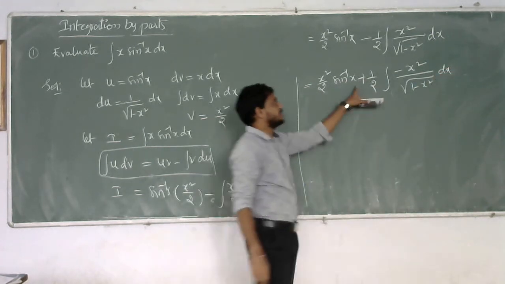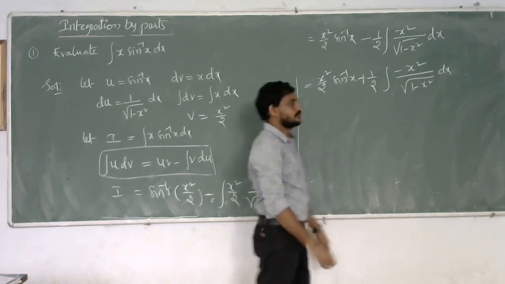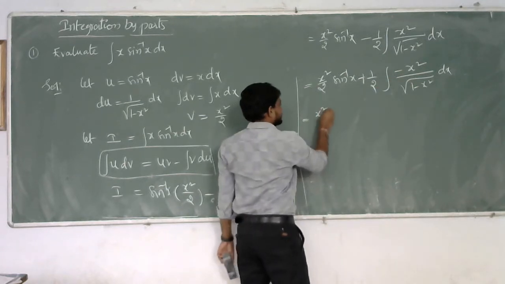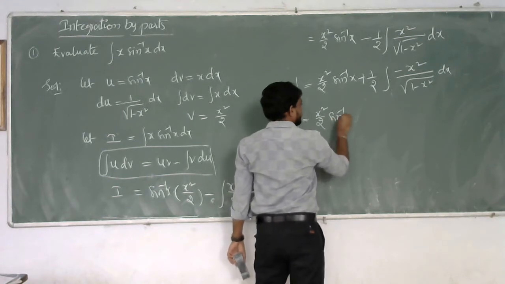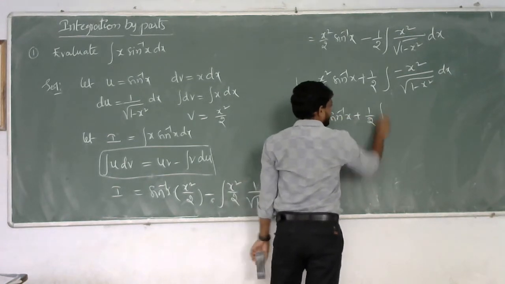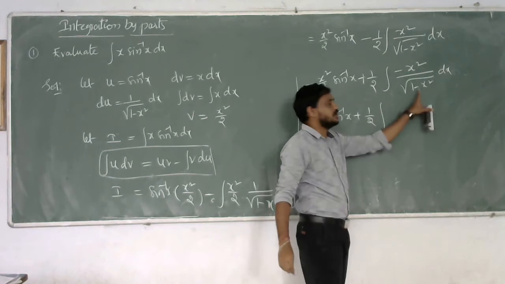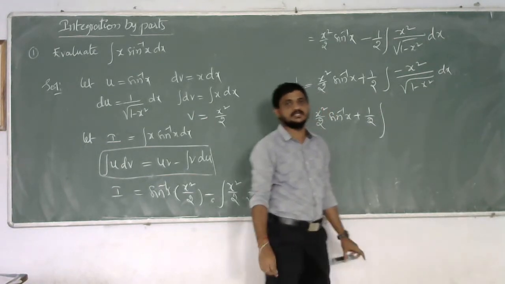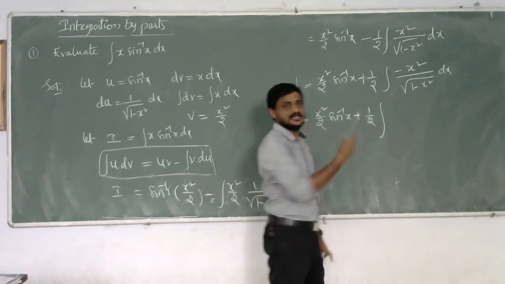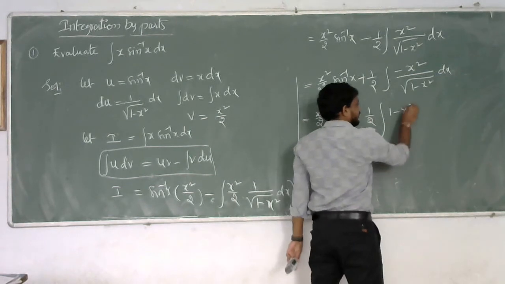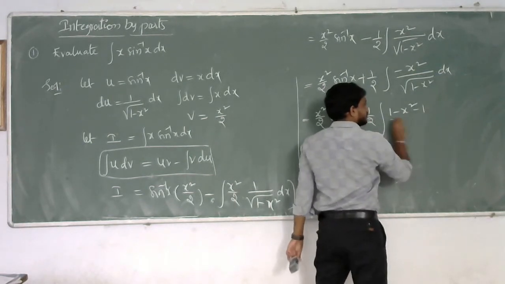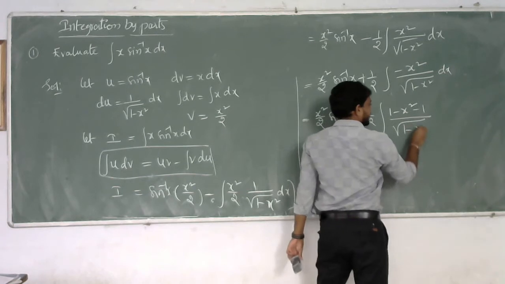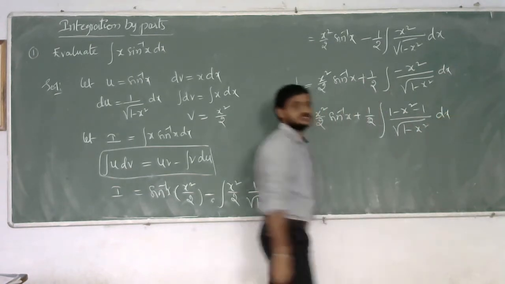Here we have minus x square, but in the denominator 1 minus x square is there. So 1 is missing. So let us add and subtract 1. I am adding 1 and here subtracting 1.